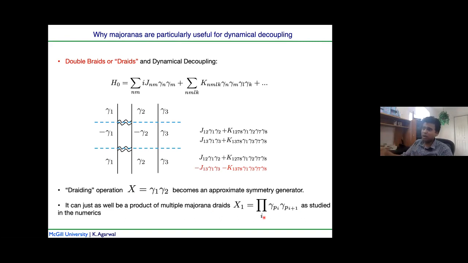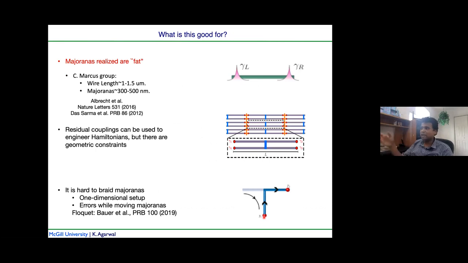Okay. So that hopefully addresses why Majoranas are special for implementing these protocols. And now you'd ask, okay, well, what is this really good for?